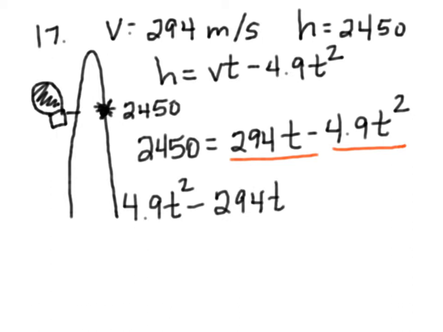And don't forget the t. You will want to start by seeing if 294 and 2450 can be divided evenly by 4.9. And I do believe they are. So, you're going to solve for t. After you solve for t, you will have your answer. Remember, your answer is in seconds.